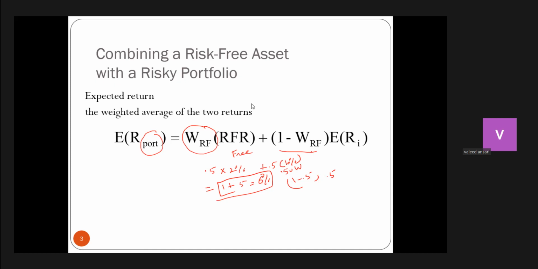Please keep in mind, I am repeating this time and again, that the risk-free asset has no variability, no risk, because it is a guaranteed return. Its variance is zero. Now let us see what happens in the formula.